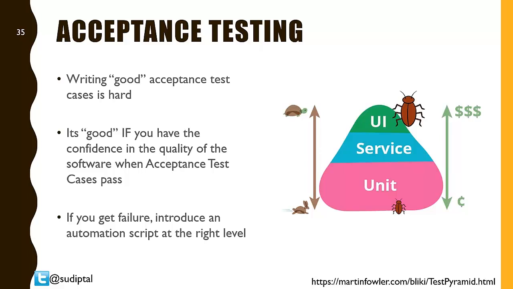Either your code coverage is not good, or you're not catching the real-life scenarios that you're encountering in the field. So every time you get a failure, it gives you an opportunity to plug that gap and put in that script, so that at whatever level that failure was introduced, whether acceptance or unit testing, it can get trapped and you have closed the loop, closed that bug for good for the rest of the life of that application.